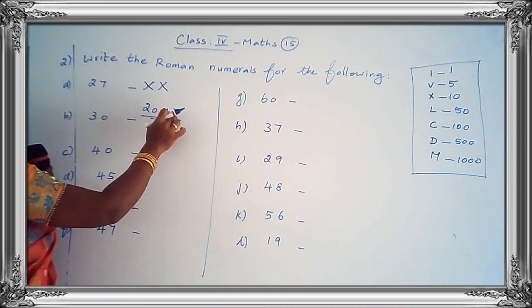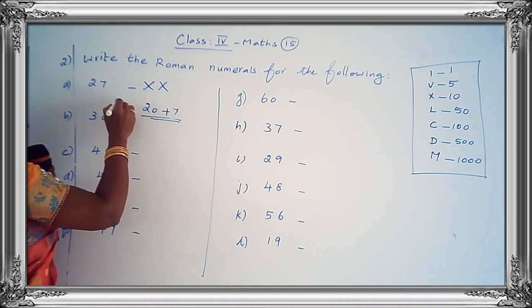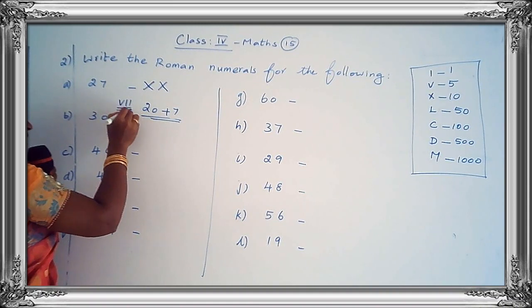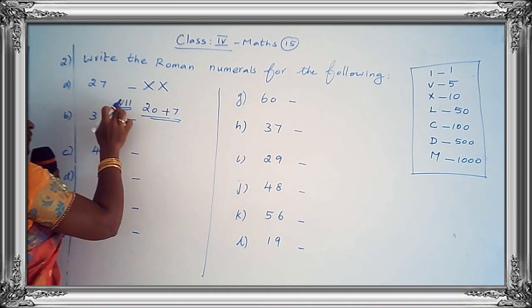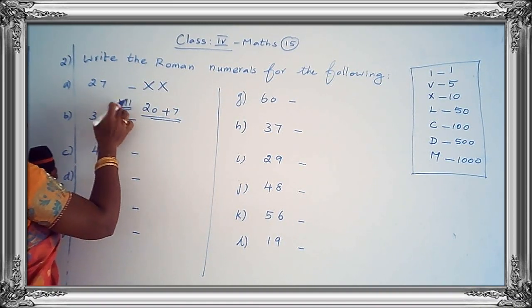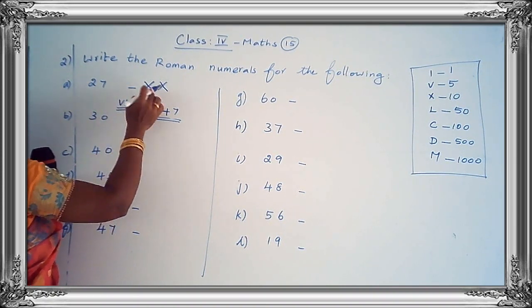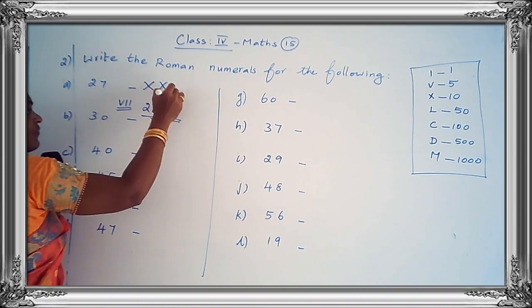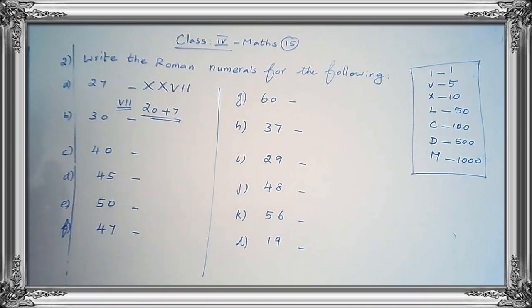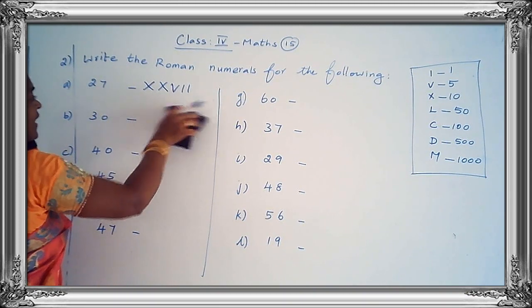So 7 means VII. 7 means 5 plus 1 is 6, 6 plus 1 is 7. So 27 means XXVII.